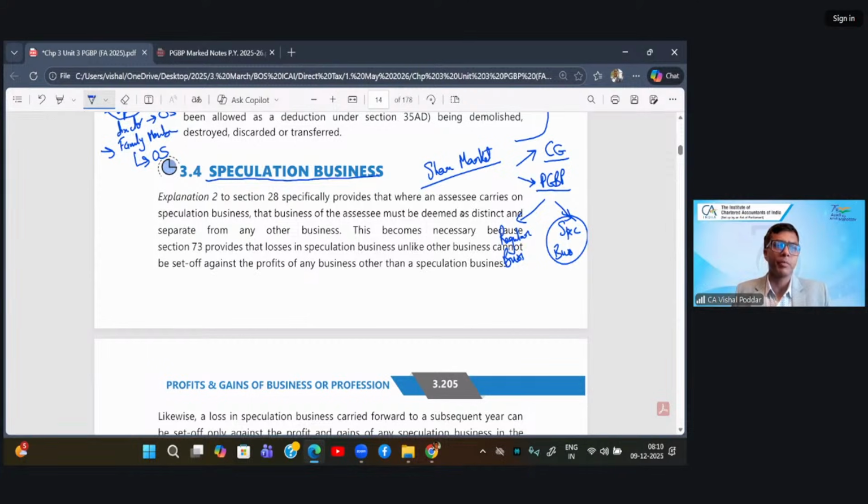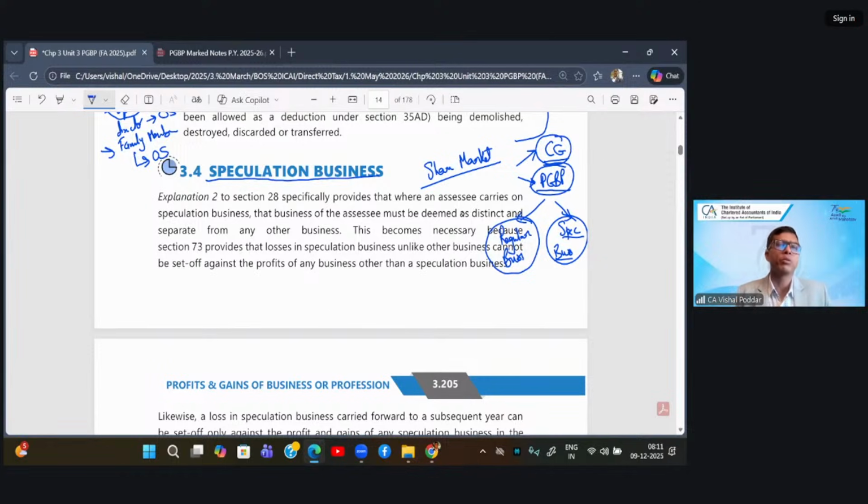Any shares, debentures, or any financial asset sold by you may firstly be capital gain if it is held by you as an asset, or it may be PGBP if you are doing it as a business on an intentful basis. But within the business head also, it will be regular business. Only in some specific set of conditions, it will be a speculative business.